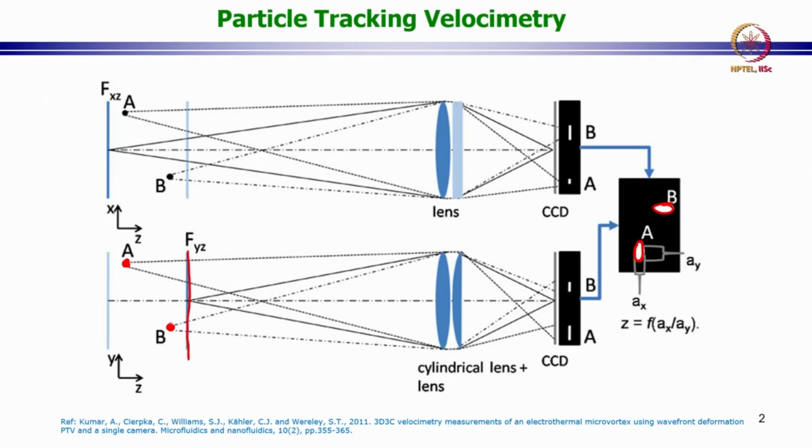The further away the particle is from the focal plane, the ellipse is of a slightly different nature. So by measuring this ellipse, we can also measure this z direction displacement. We can measure x and y, and we can also measure z.